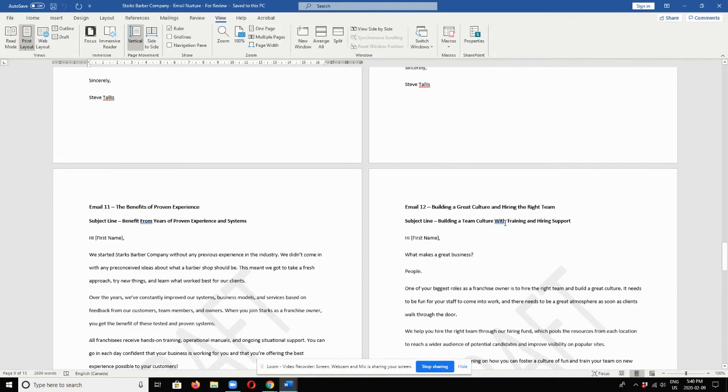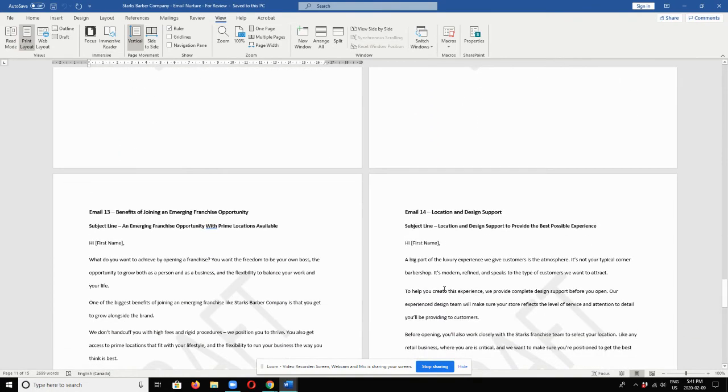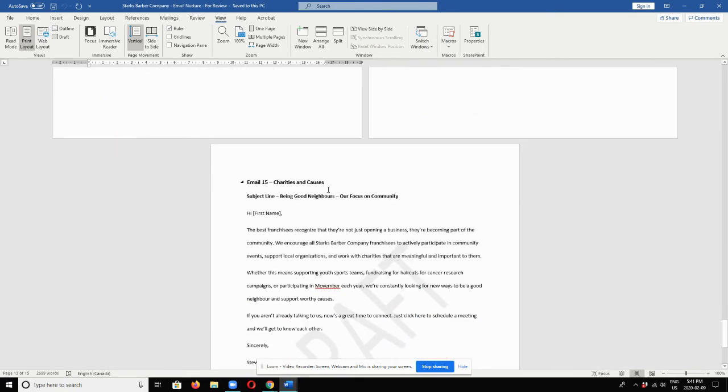Then a little more about their culture and their brand, and more about prime locations available, the fact that they offer support with designing their stores, which is a really important aspect of this brand, is they design stores that have a certain look and feel. And then just more about the bigger picture stuff, charities and causes that they support.